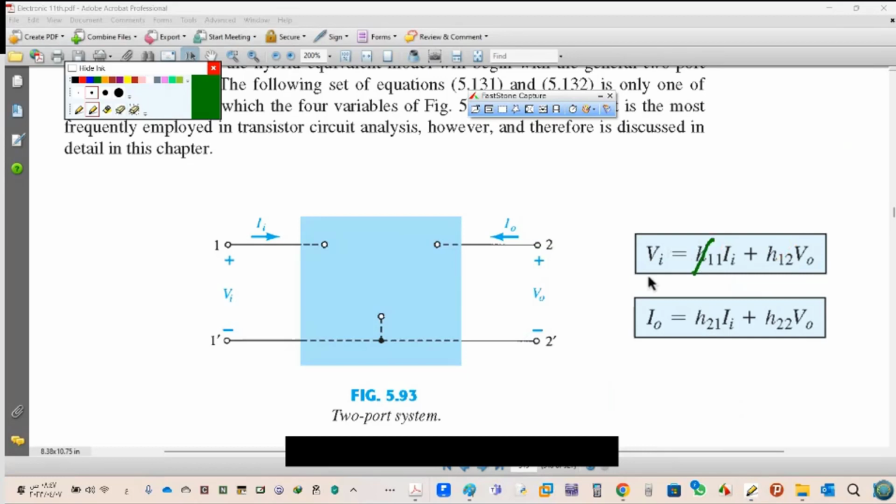So H12, I will cancel this. It is VI over VO, this is H12. So VI over VO, when II is 0. Current 0, that means open circuit, no current.